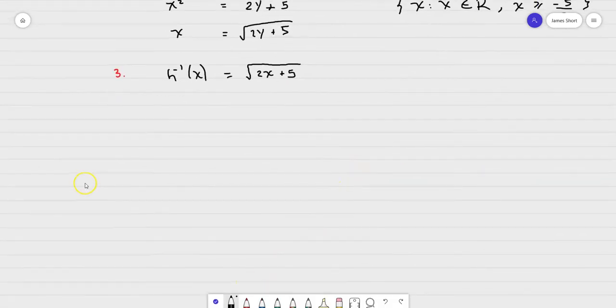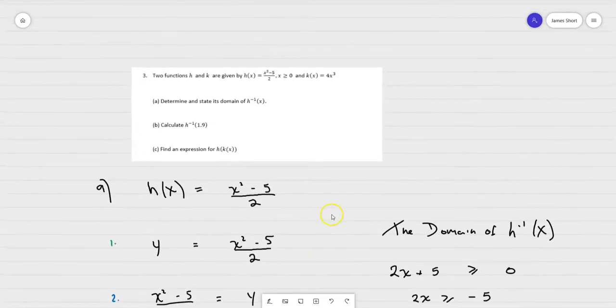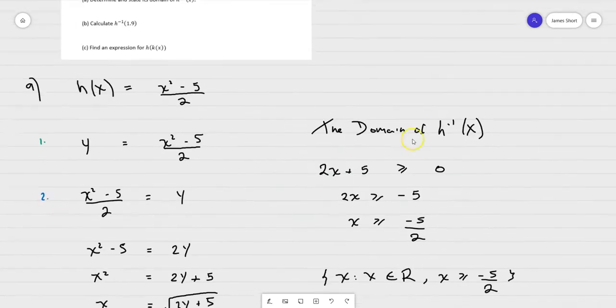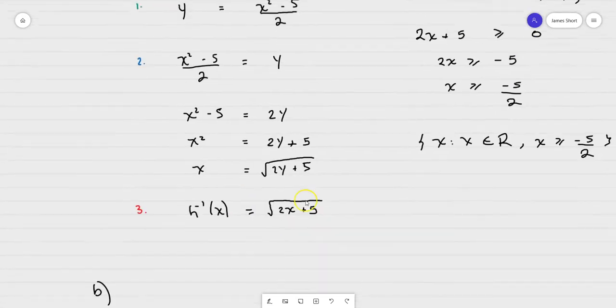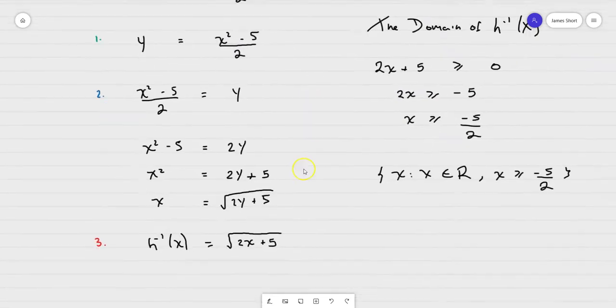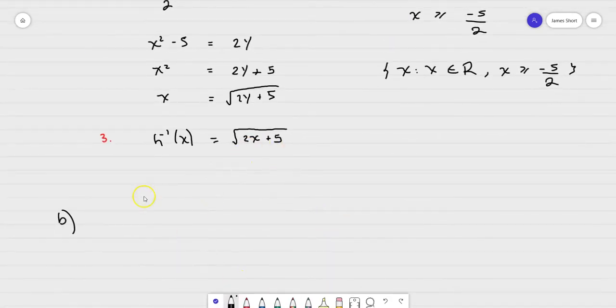Okay, so now we can do part B. Let's remind ourselves what part B was asking us. Calculate the inverse h of x when x is equal to 1.9. So we're evaluating this formula that we calculated when x is equal to 1.9. We're going to replace the x's in here with 1.9. So h inverse of 1.9 is equal to the square root of 2 times 1.9 plus 5.